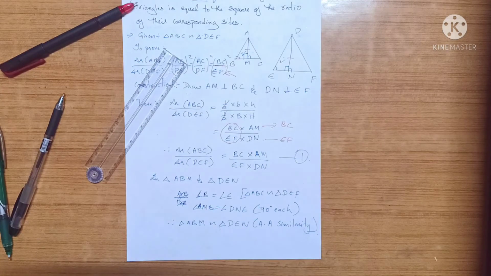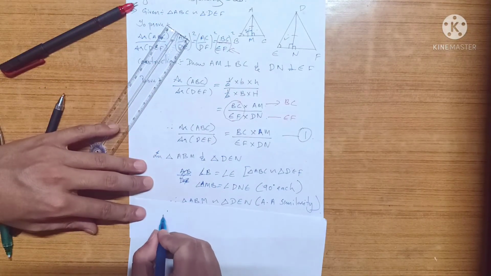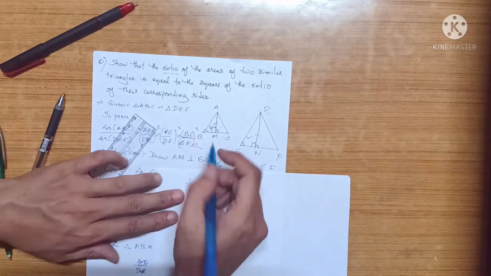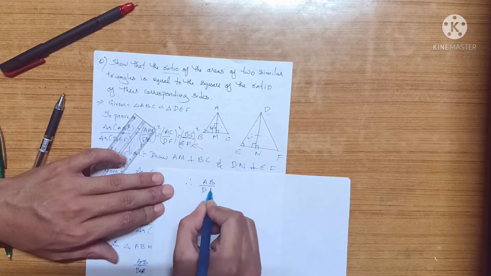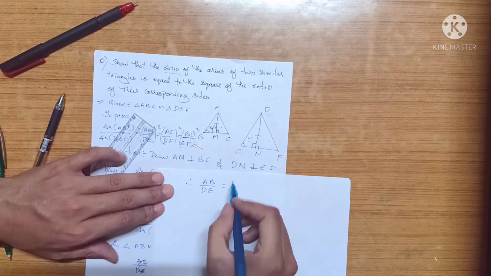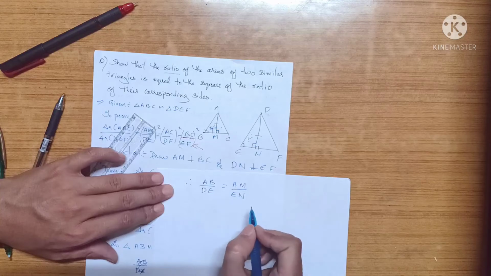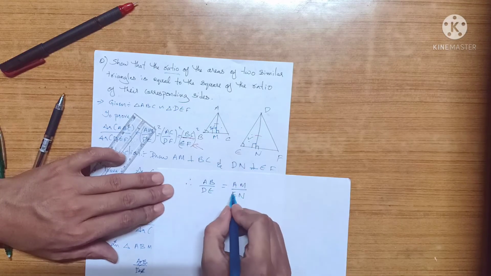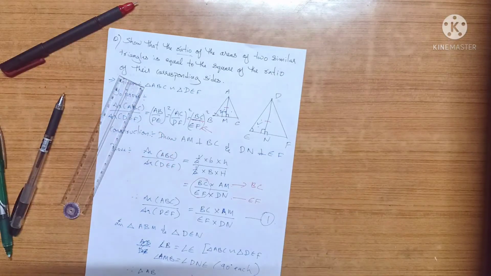Now that we showed those two are similar, I can write AB by DE equal to AM by DN. I can write BM by EN also.